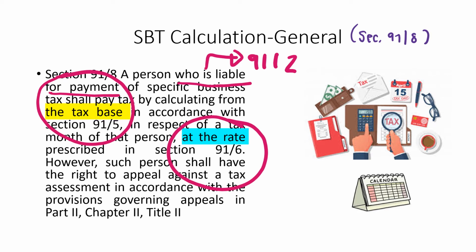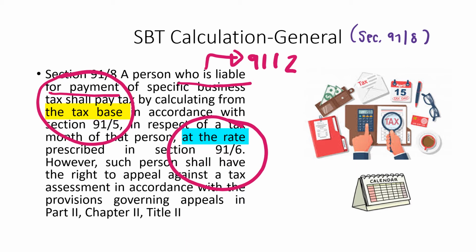So a person in section 91/2 has an obligation or duty to calculate specific business tax based on the tax base and tax rate that we have learned under section 91/5 and 91/6. So you can see that each provision relates to each other, because we have learned that our country is based on a self-assessment system. This means it's your responsibility to calculate your tax liability and submit the tax return and make a payment to the Revenue Department by yourself.